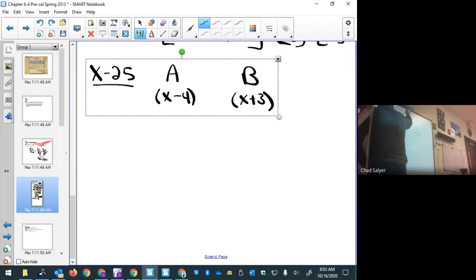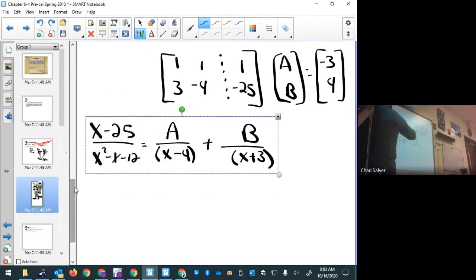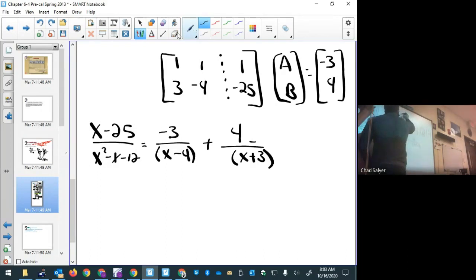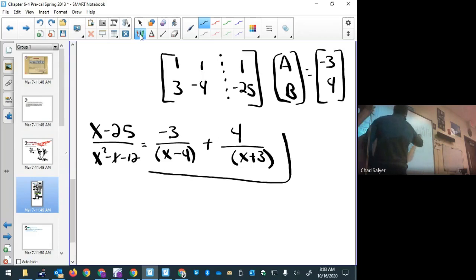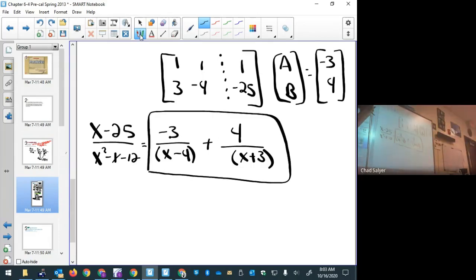So originally here we had this, and now I know in place of A and B, I can write -3 and +4. And so this is my answer. Partial fraction decomposition of that original rational expression.